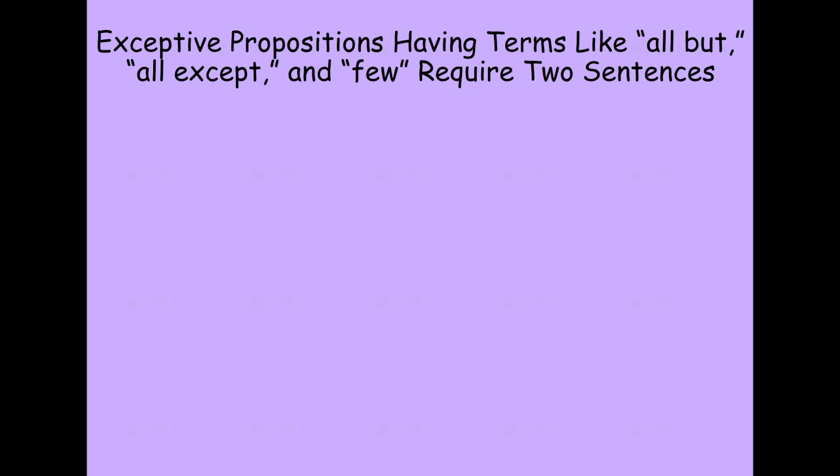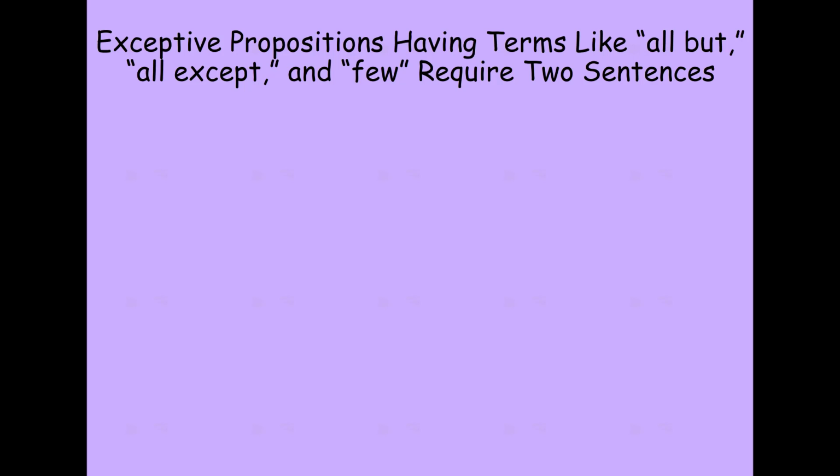This next group is exceptive propositions. Exceptive propositions express a general rule and an exception. And so Hurley says, let's translate those with two sentences, and gives us some examples of phrases that introduce exceptive propositions. So all but, all except, and few, he says, are good candidates.